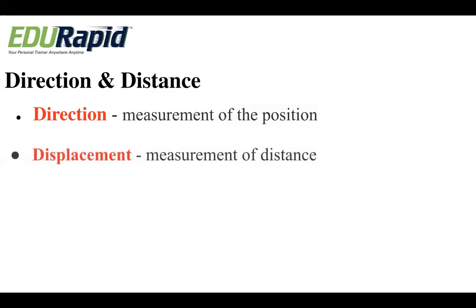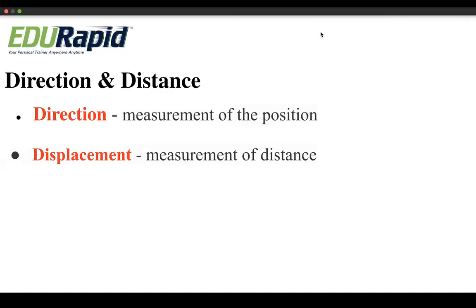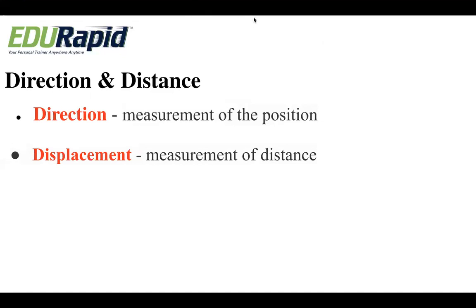So what is displacement? Displacement is basically the measurement of distance between the initial point and the final point. For example, there will be 2 points, point A and point B. So the displacement is the measurement of distance between these 2 points.